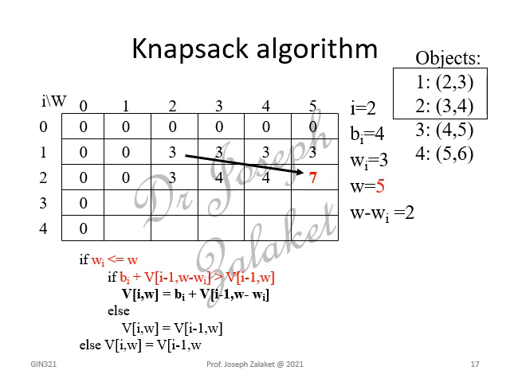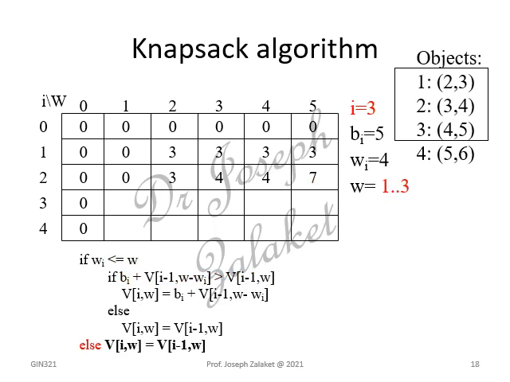Let me continue in the same way for the third object now by incrementing i to be equal to 3. Okay, the weight of this object is equal to 4, so nothing will change up to 3. So for 1 we'll have the same previous value, for 2 the same previous, for 3 the same previous value.